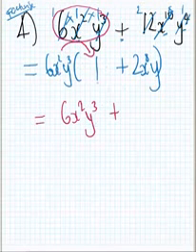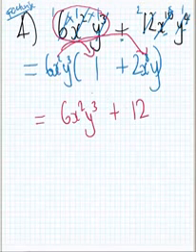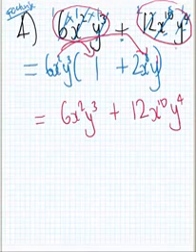Plus, if I multiply 6x squared y cubed with this term, let's see, 6 times 2 is 12, x squared times x to the power of 8, we add their powers, we end up with x to the power of 10, and y cubed times y to the power of 1, add their powers, we end up with y to the power of 4. And have a look, we end up with the exact same thing, okay? So we can see how we've done the right thing.